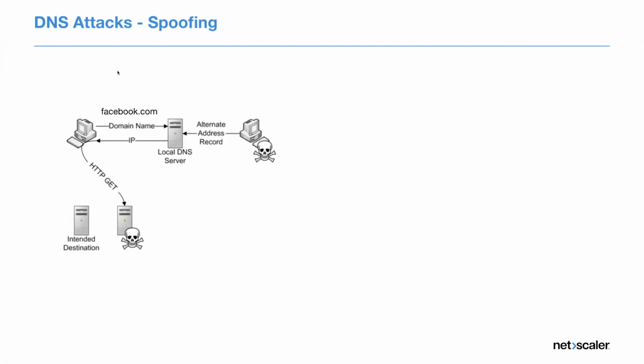So here, the end user is trying to access a legitimate site, say facebook.com, and the attacker poisons the cache of the local DNS server or responds to the DNS request with a malicious address record, which is an alternate address record, which points to an IP belonging to the attacker's network.